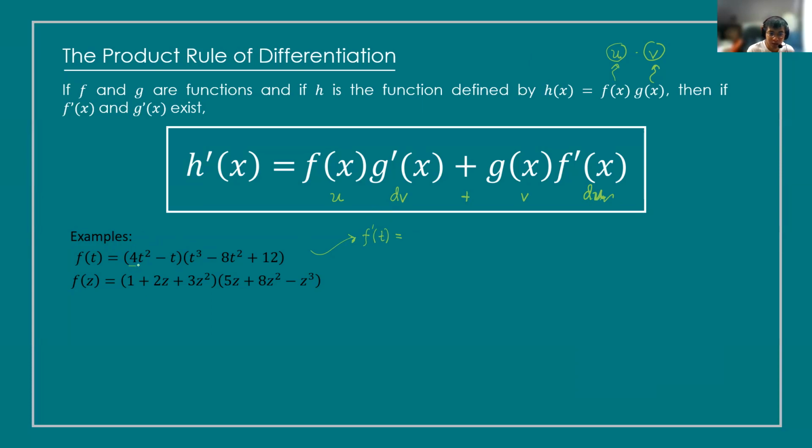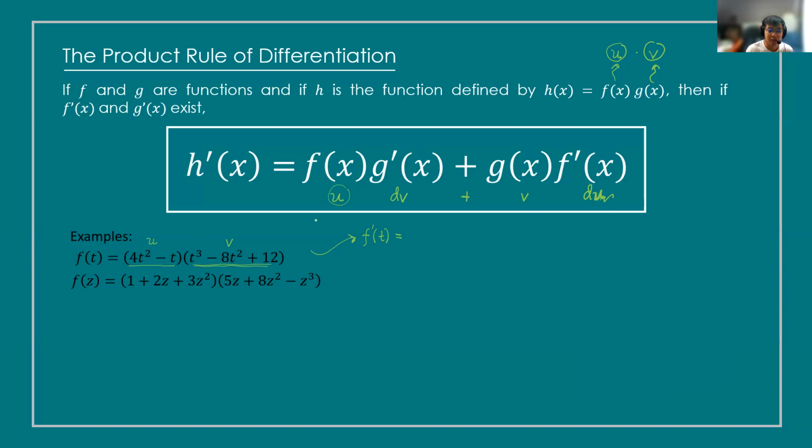So this one here is one whole term multiplied by another term here, a second term. So we may probably call this one as your u, and then this one is the v variable, whole v variable.